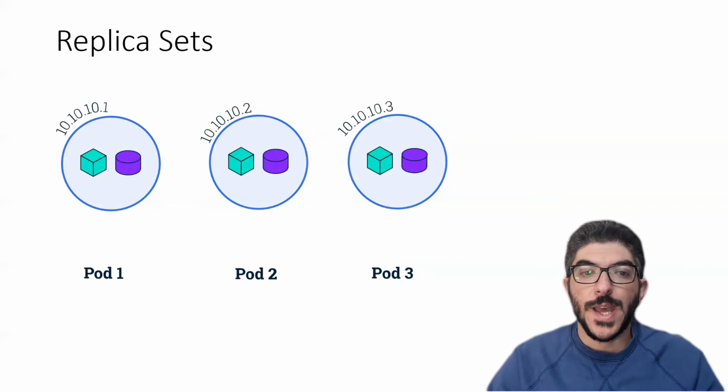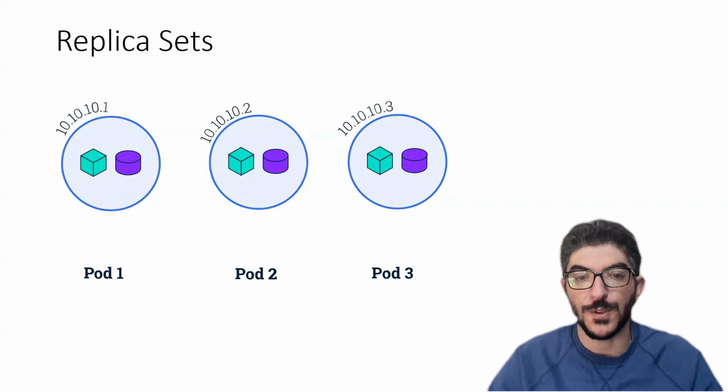And the reason we have a replica set is instead of telling Kubernetes, create pod 1, pod 2, and pod 3, if I tell it create a replica set, the replica set has a controller that is running all the time, trying to make sure that this replica set is in the desired state. And I told it the desired state is 3 pods.